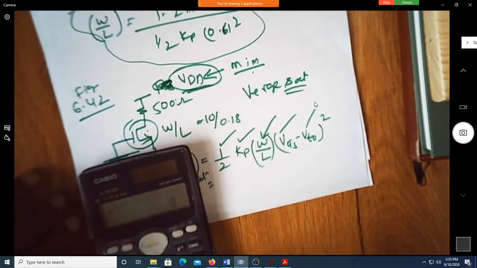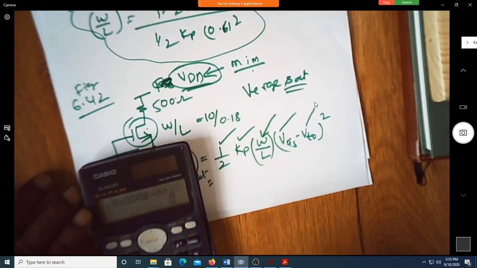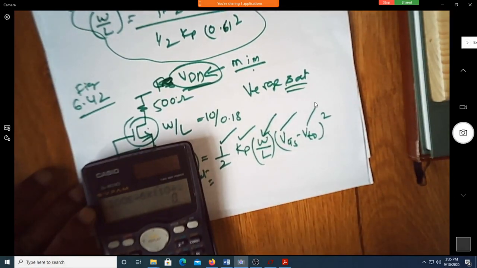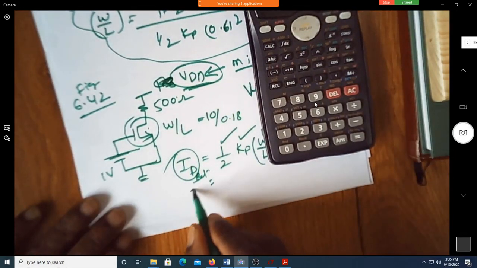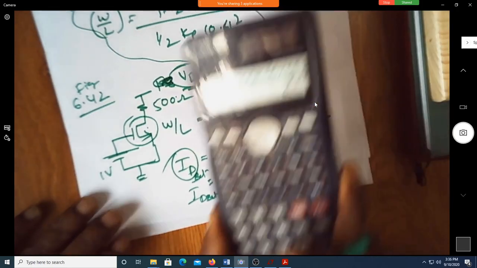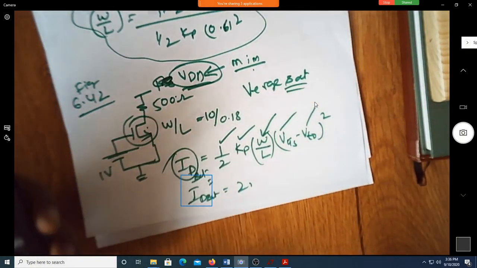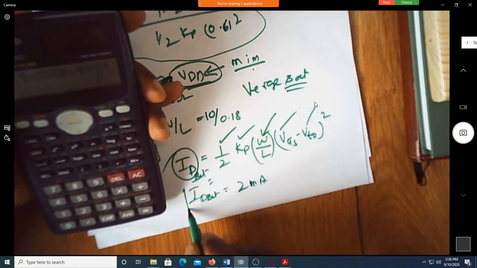You also do. 0.5 into 200 into 10 to the power minus 6 into 10 divided by how much is 0.18, into 0.6 whole square. Is it 2 milliampere? When I can do so fast, why not you people? 1.99, 1.998.